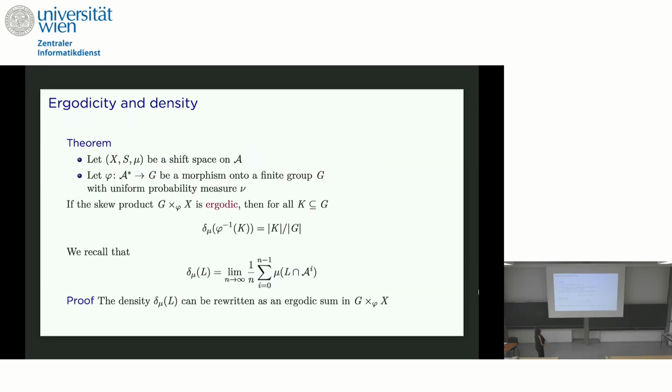In the case of a group, the proof is just that we use an ergodic sum. That's the slides that we've seen before. So the proof is just in the case of the ergodic skew product, what we've seen before with the ergodic theorem.